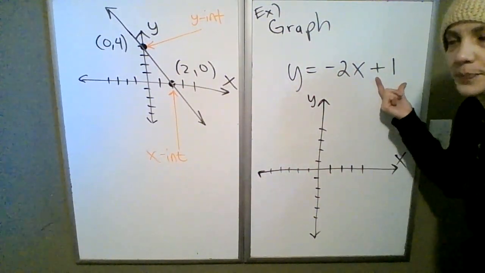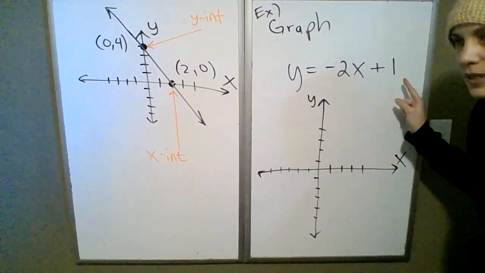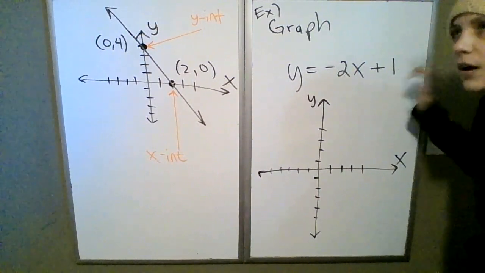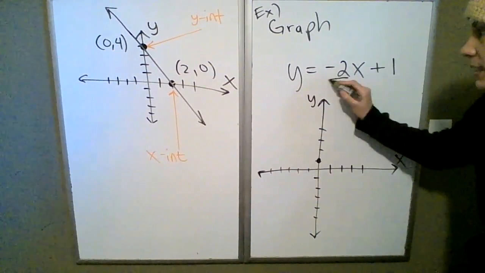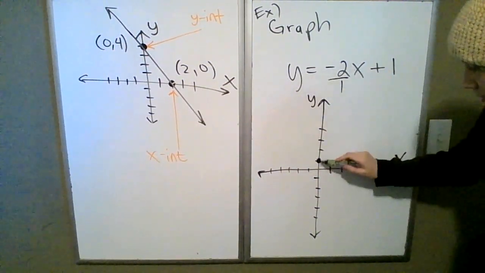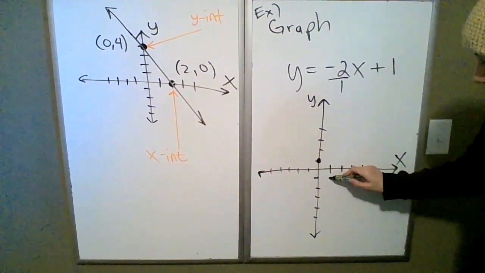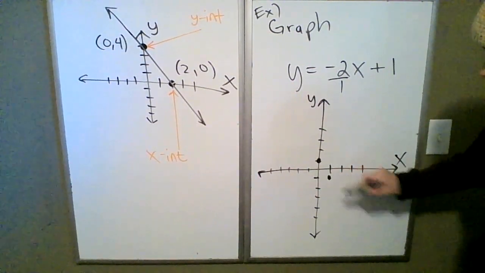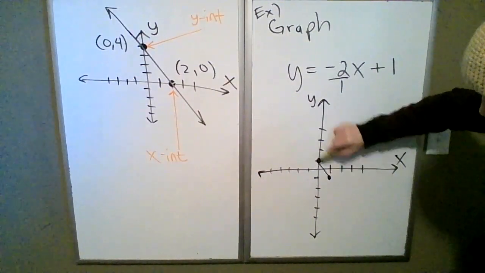So to graph this, we could go to 0, negative 1, or positive 1 on the y-axis. It would be down 2 and to the right 1. Let's just use those 2 points to draw.